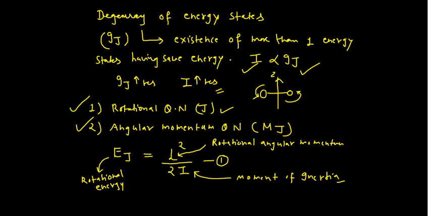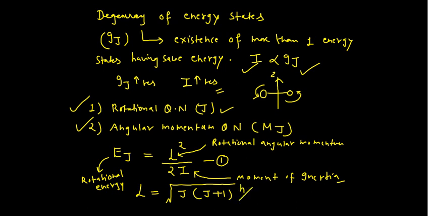Now, what is the formula for this L, the rotational angular momentum? If you recall my previous lectures or your basic physics, the rotational angular momentum is given by L equals the square root of J times J plus 1, and it is defined in units of h upon 2 pi.